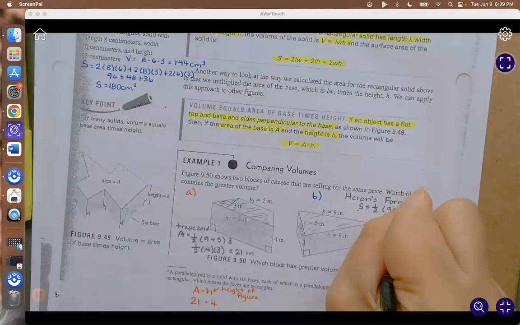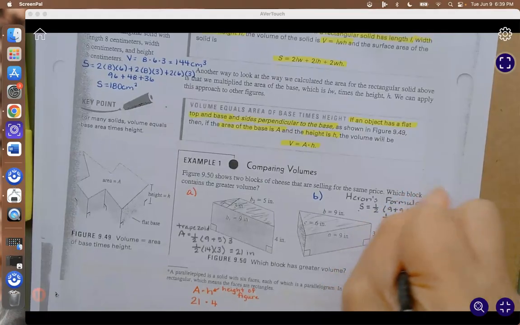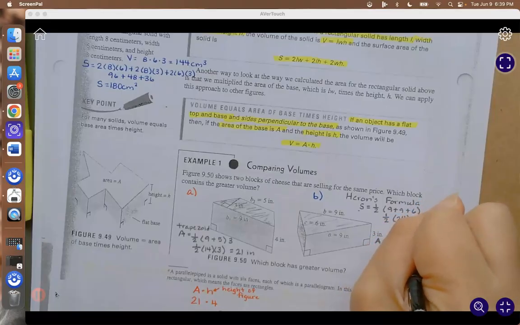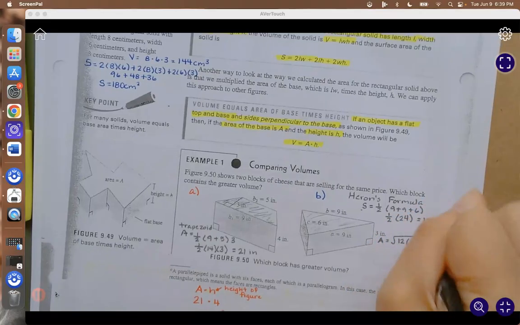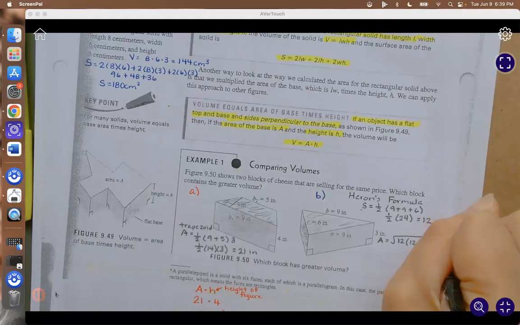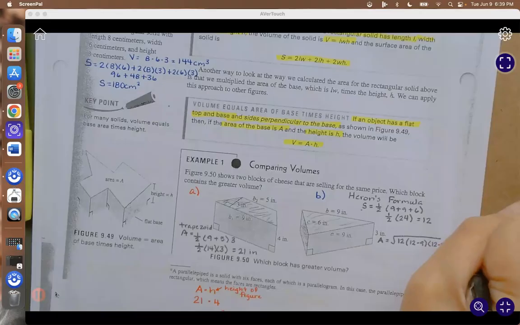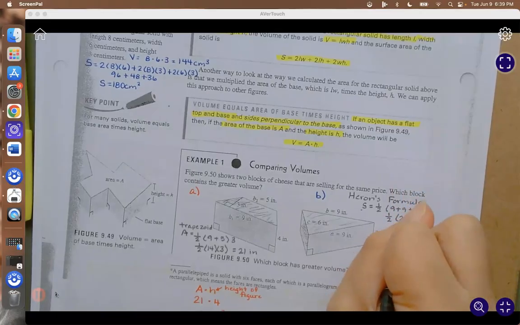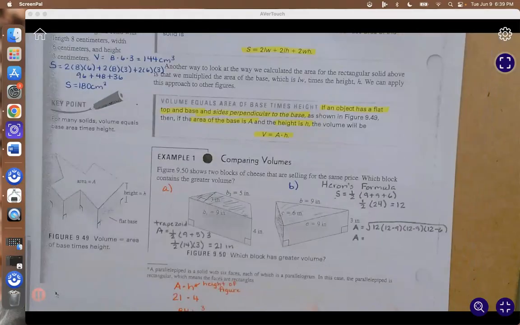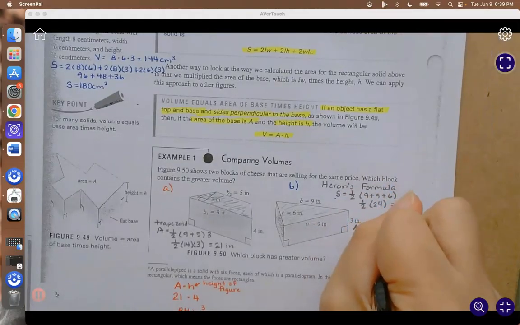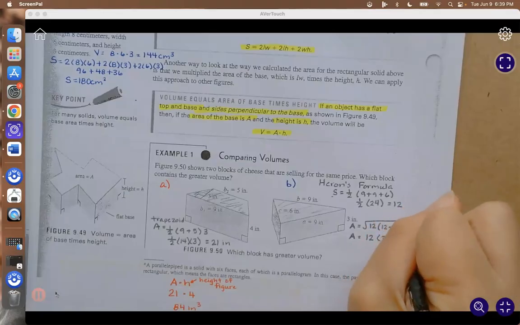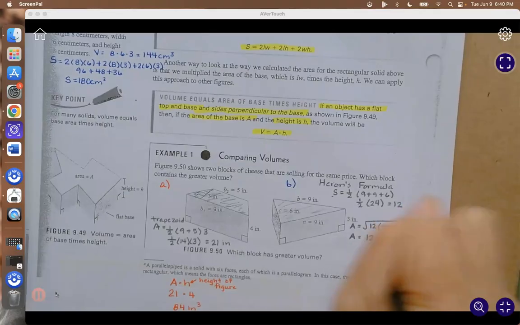So the area equals the square root of 12 times 12 minus 9, 12 minus 9, 12 minus 6. Okay, so we have 12, and we have 3, 3, 6.